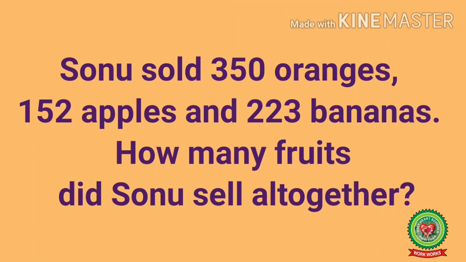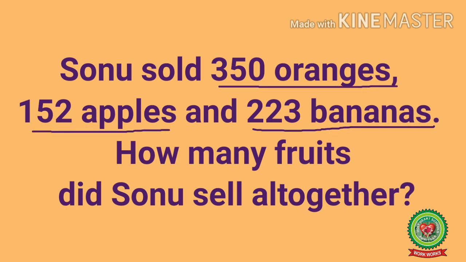We have this sum. Let us read the statement. Sonu sold 350 oranges, 152 apples and 223 bananas. How many fruits did Sonu sell all together? Now children, again we will see what information is there.